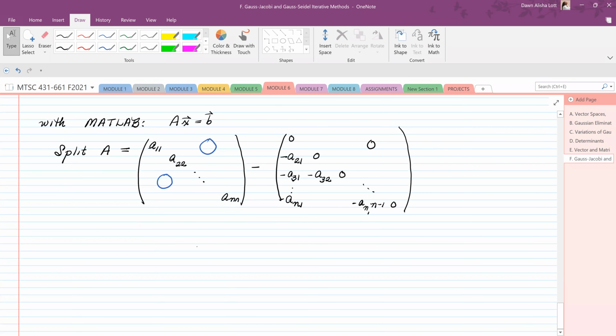And then I'm going to subtract off the top piece. This is the exact opposite: there should be zeros all the way down the diagonal.